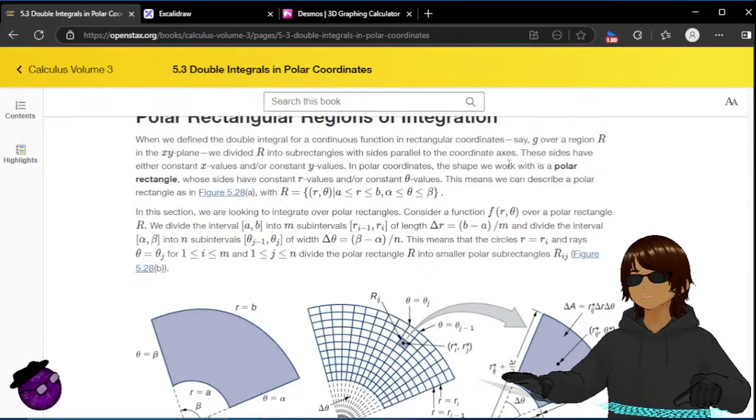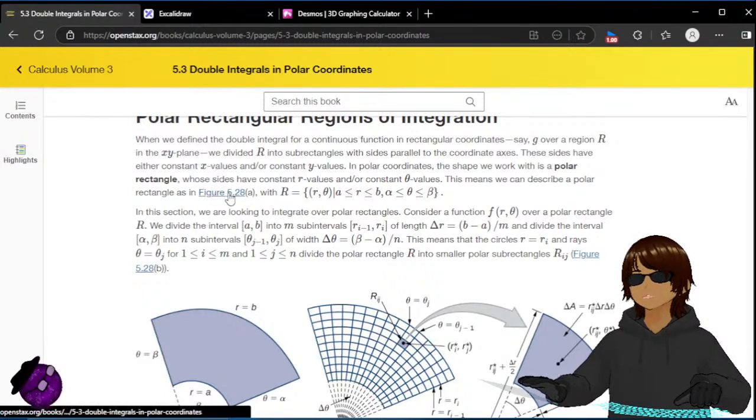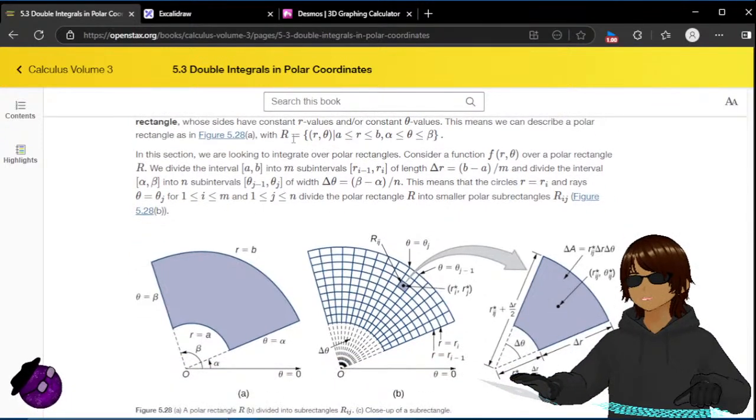In polar coordinates, the shape we work with is a polar rectangle, whose sides have a constant r value or constant theta value, which means we can describe a polar rectangle as in figure 5.28 as the region of (r, theta) where r is between a and b, and theta is between alpha and beta.